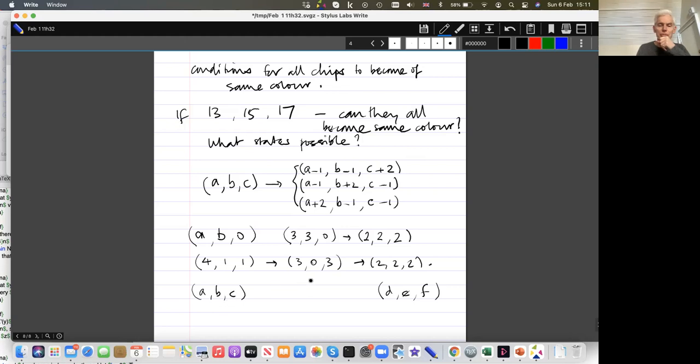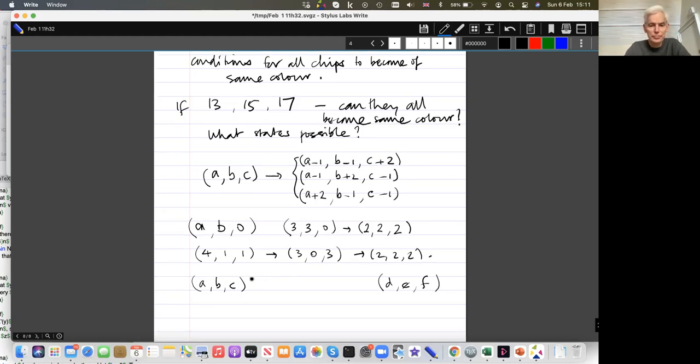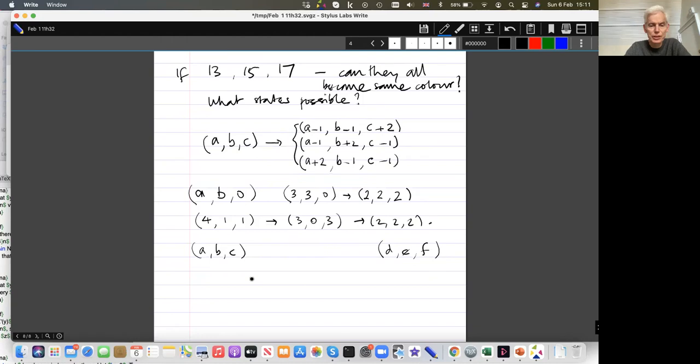But I'm not sure whether I'm going to carry on with this, just because it looks a little bit slightly tedious to check that you really can devise an algorithm for getting from one thing to another.